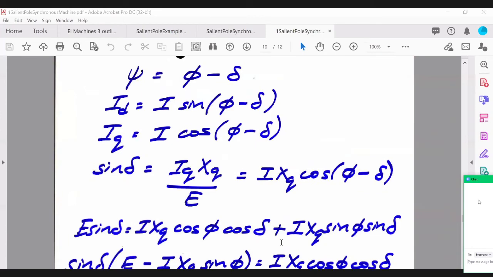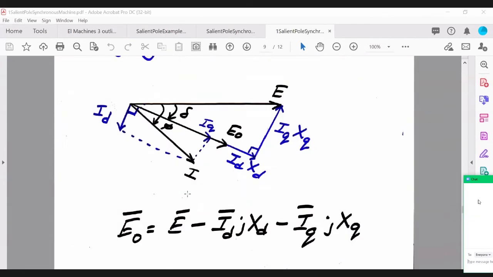In the motor mode, if it's lagging power factor, you need to be able to draw the phasor diagram as shown here, having a lagging power factor current, and be able to draw the terminal voltage and the two drops across the reactance to determine the induced voltage.